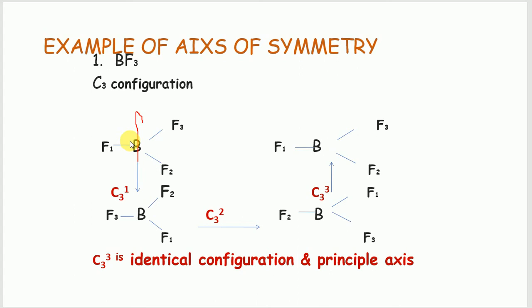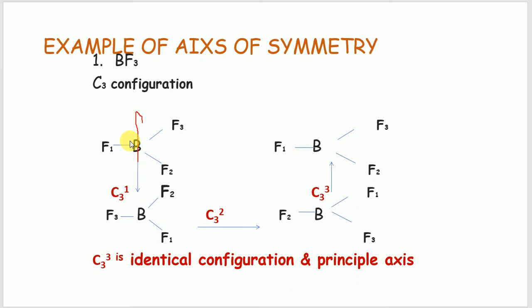The axis passing through oxygen and in between the two hydrogen atoms is an axis of symmetry. Why is it an axis of symmetry? Because if the molecule is rotated by an angle of 180 degrees, then an indistinguishable configuration will result. At the place of hydrogen, hydrogen will be there. At the place of oxygen, oxygen will be there.